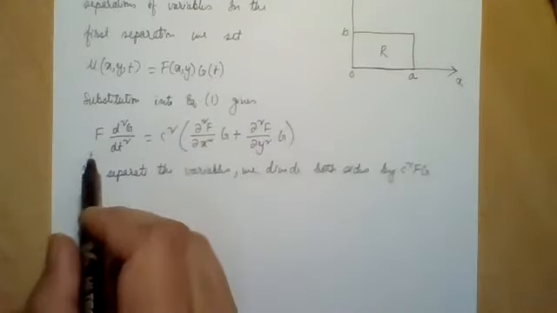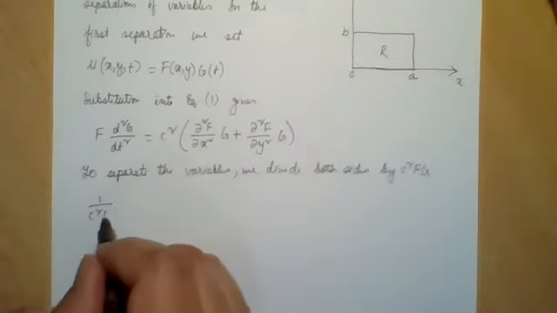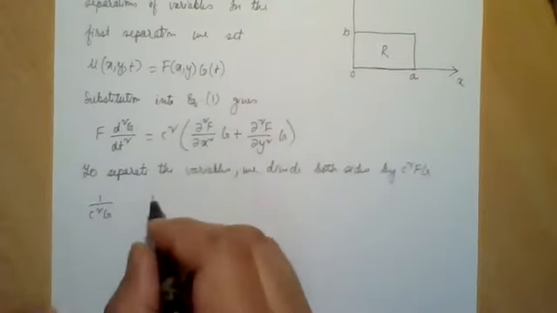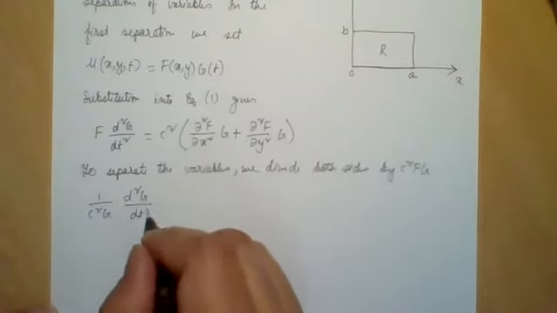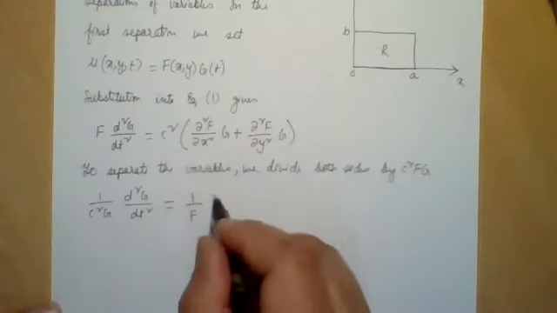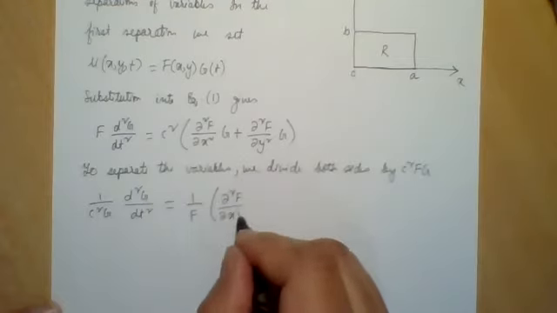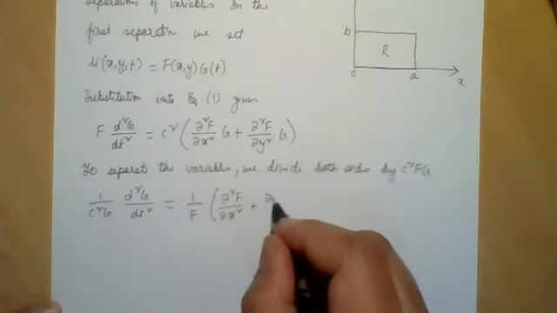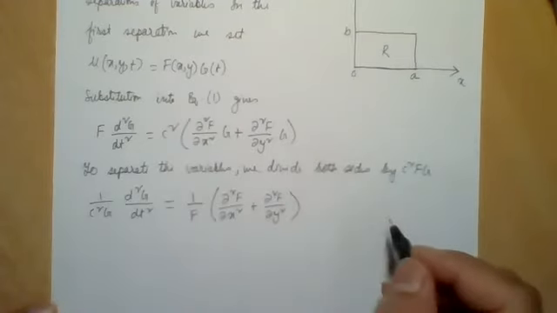And what do we get? If I divide this by c square fg, I get 1 by c square g d2g by dt square, and this is equal to 1 by f times dou 2f by dou x square plus dou 2f by dou y square.